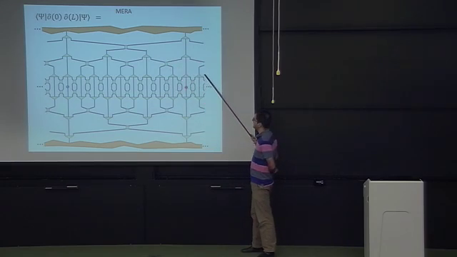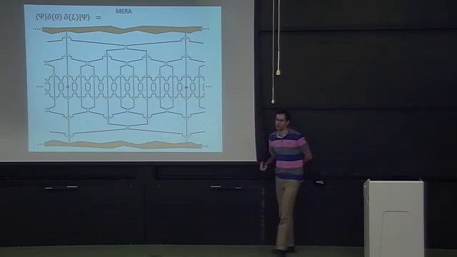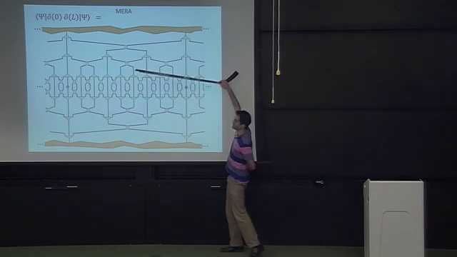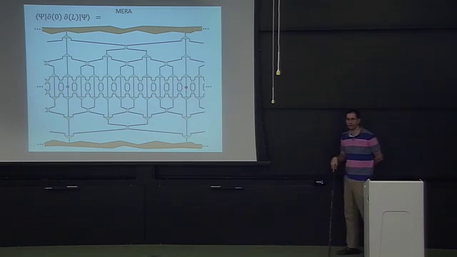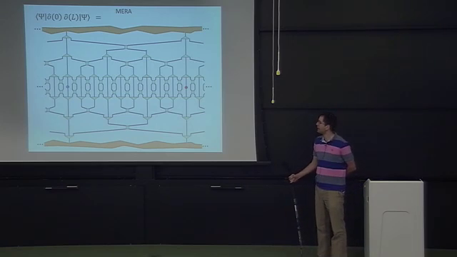So translation invariance tells us in every given row of tensors, we're just going to choose the same tensors. Scale invariance tells us that the tensors in different rows will also be the same, okay? So we're going to assume that, and we're going to see that this has an implication. We're going to be able to say something about how correlations scale in these ansatze.